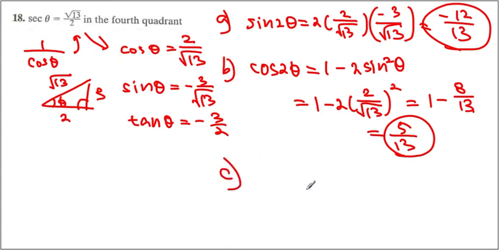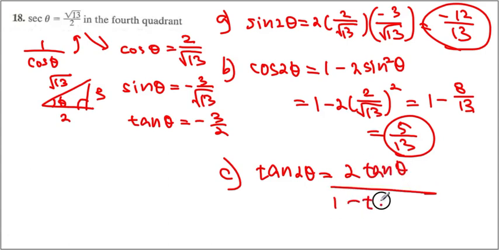Now C. When you look into tangent of 2 theta, it is equal to 2 times tangent theta over 1 minus tangent squared theta. That's basically what we're looking at.